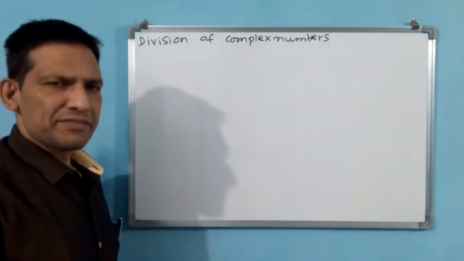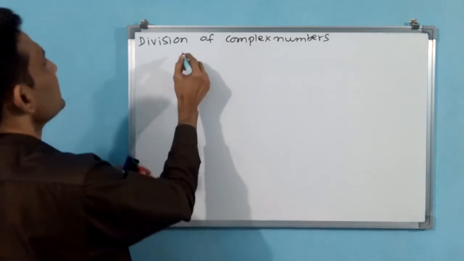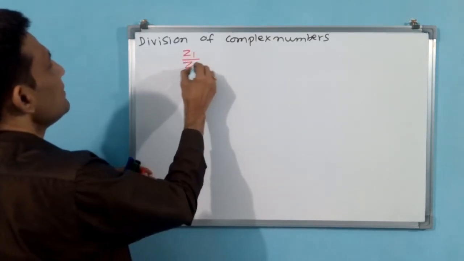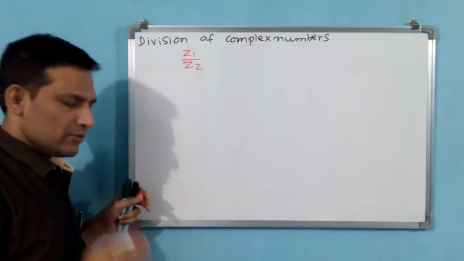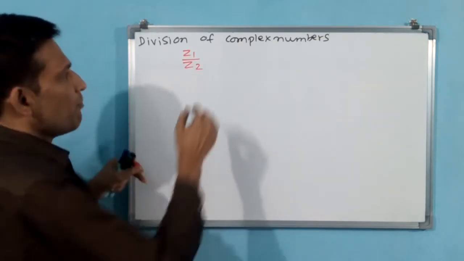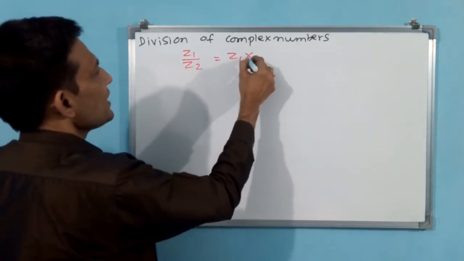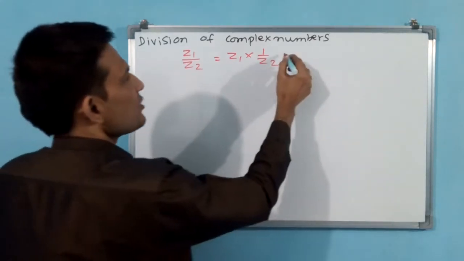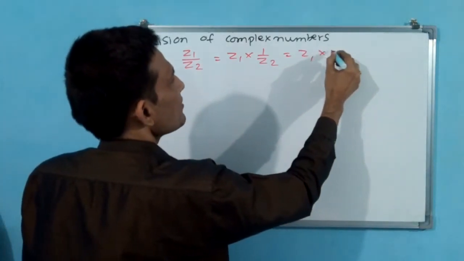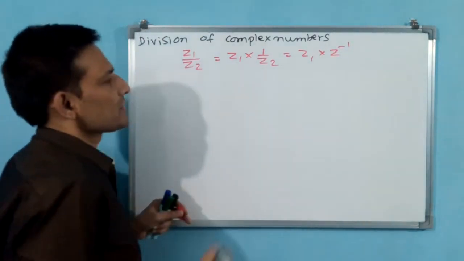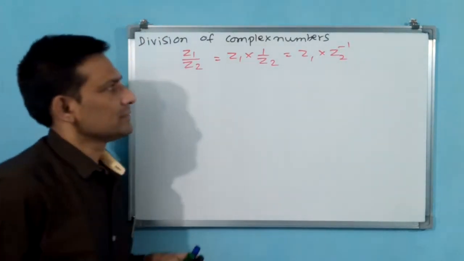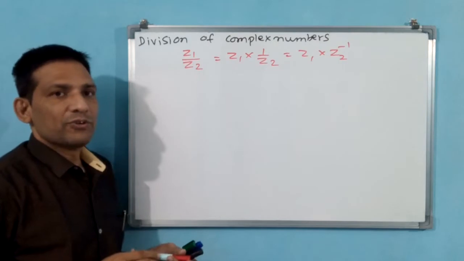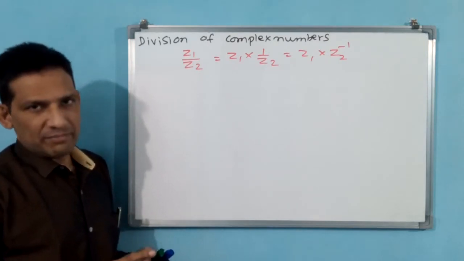Z1 divided by Z2. You see, this is division. But this also you can write as Z1 into 1 by Z2, and 1 by Z2 is like Z1 into Z2 inverse. Understand? This is the concept.